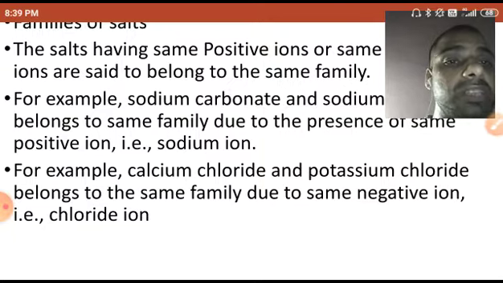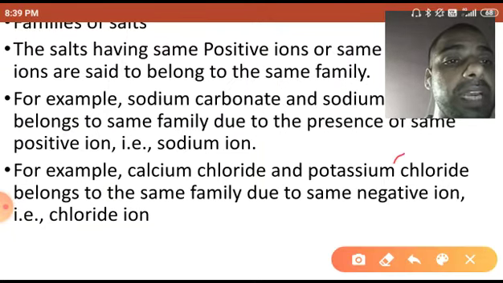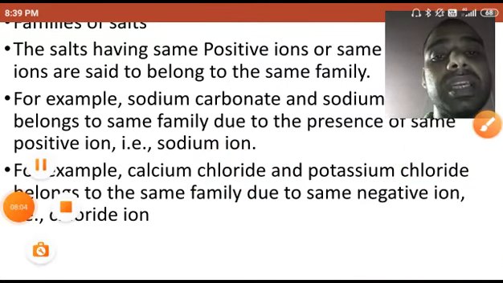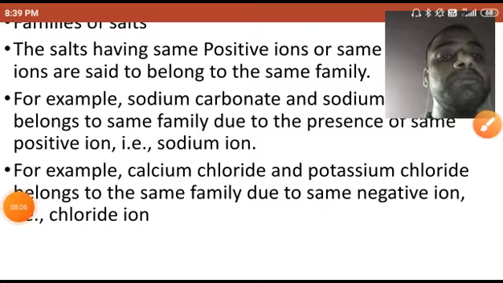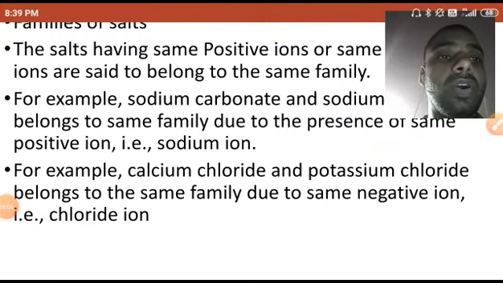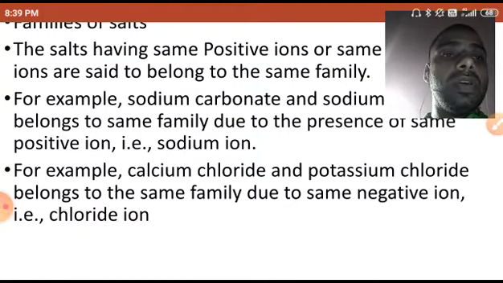What is common in this one? The negative part is common. So this one belongs to the chloride family. Very simple. We can find families of salt on the basis of the cationic part or the anionic part.